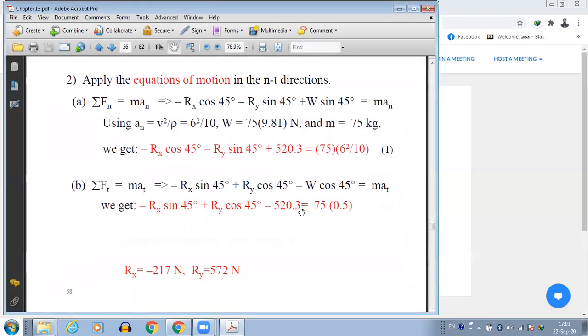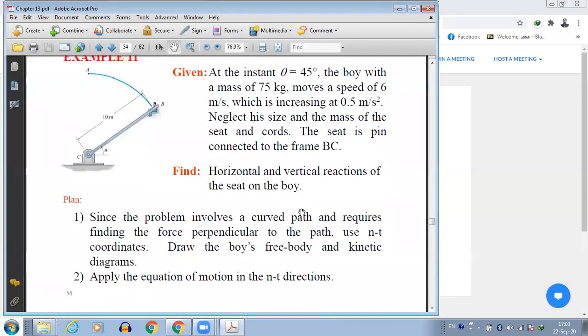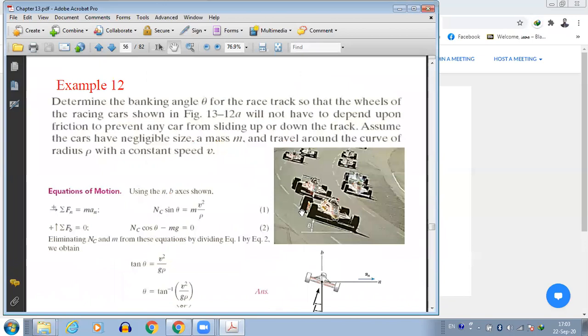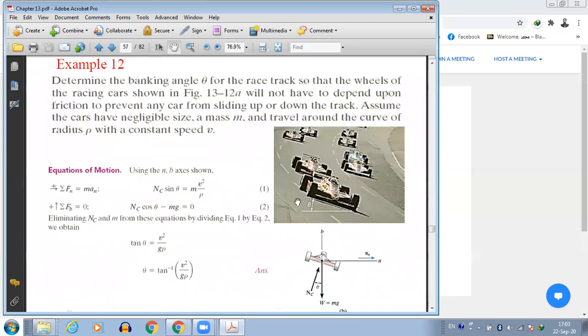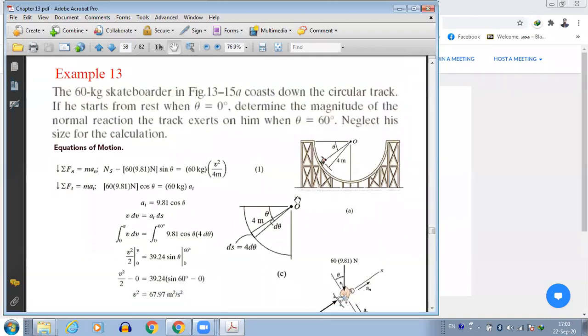So you can solve the problem, you get Rx, Ry, and the problem is solved. This is a problem for the binormal direction. You can see the problem yourself. There was just a regular derivation of it. Let's move towards this problem.